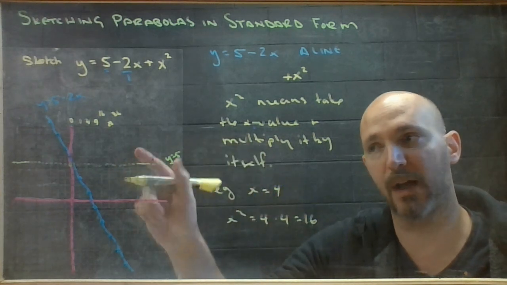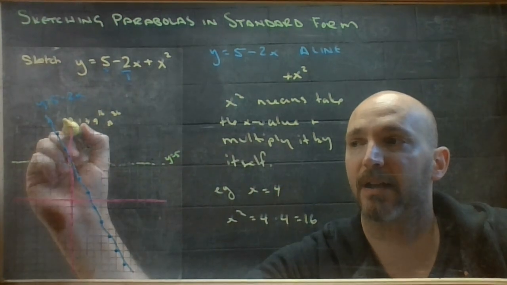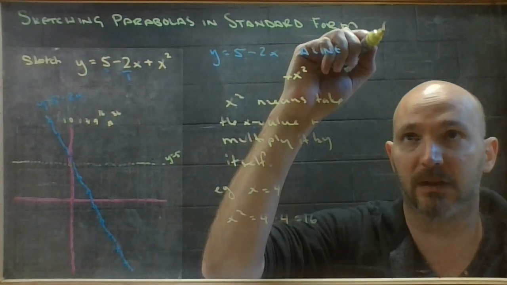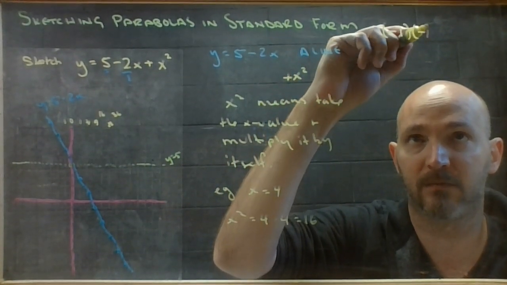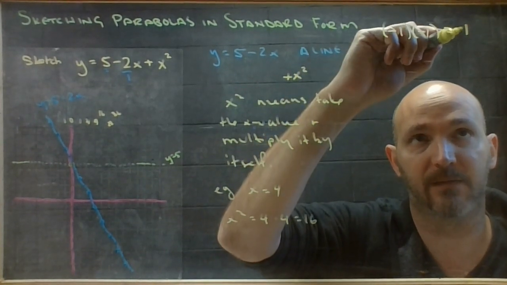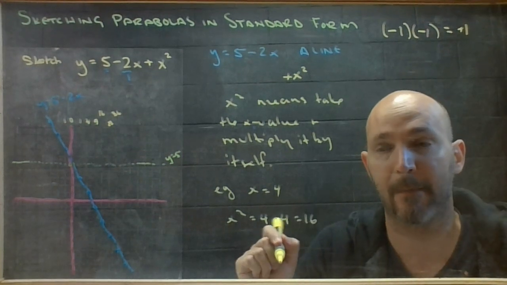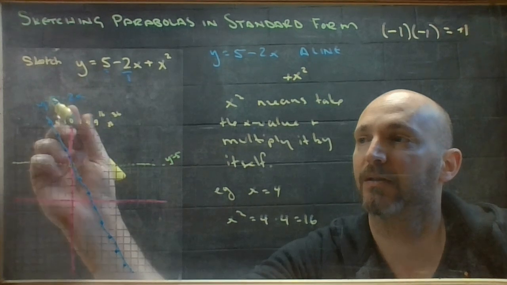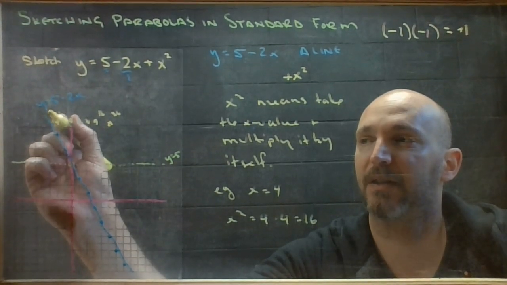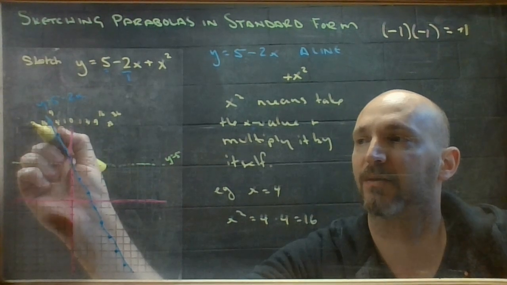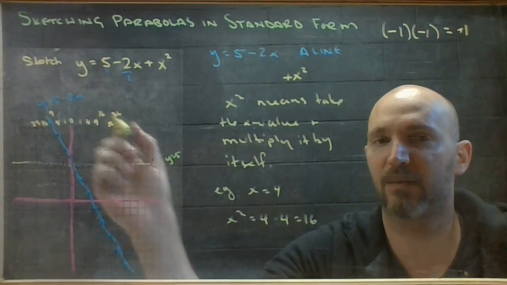If you go the other way, negative 1 times negative 1 is positive 1, and a negative times a negative is a positive. Negative 2 times negative 2 is 4. Negative 3 times negative 3 is 9. And then 16, 25. It's this same sequence of numbers.